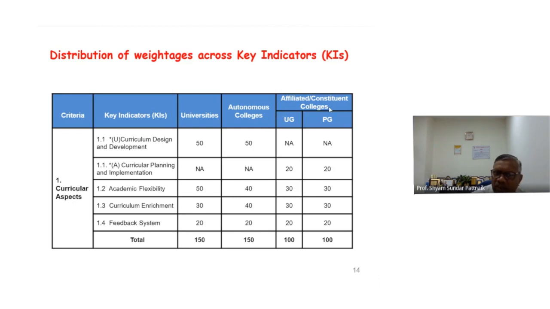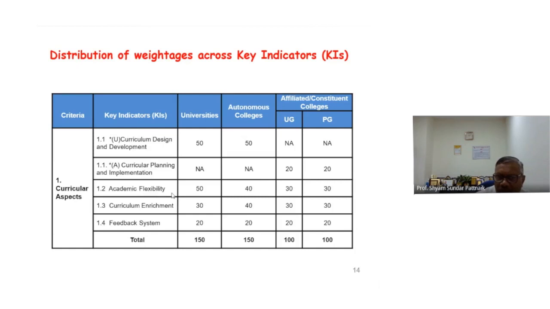But since the affiliated college does not have control over the curriculum, for curriculum design and development, they don't have any credits. But when it is curriculum planning and implementation, since design is by the university or autonomous college, this is a criterion for which there is no weightage, whereas for affiliated college it is 20.